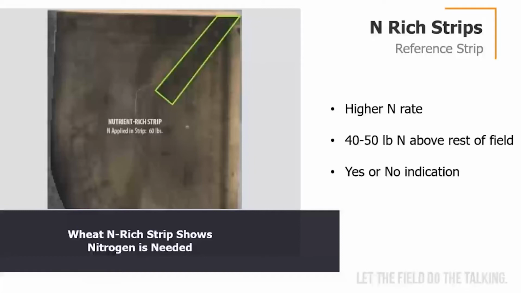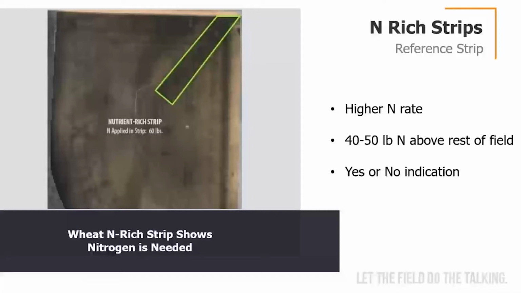And so an enriched strip is basically the field's communication outlet to you and to your grower, identifying that need for nitrogen. The most basic use for an enriched strip is a yes or no indicator. When you look out and you see that reference strip in your field and it's showing up, it's visible, that means yes, the field needs nitrogen.